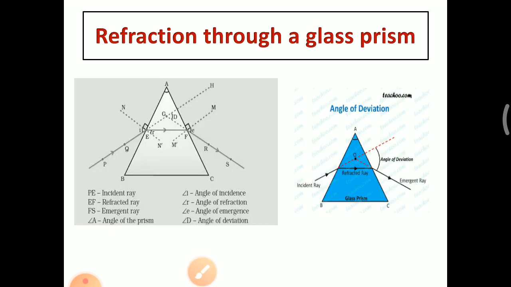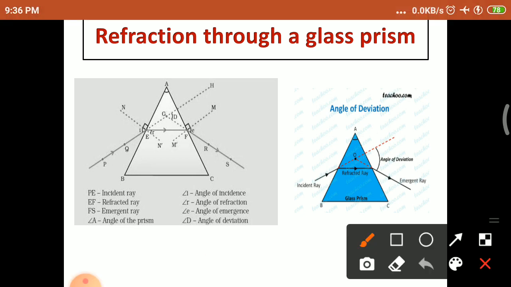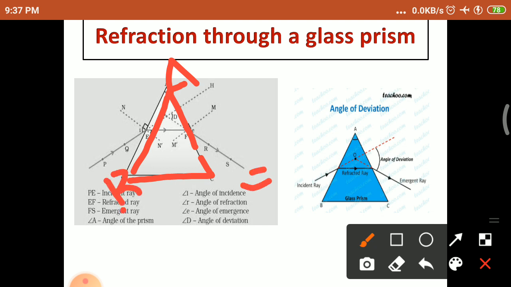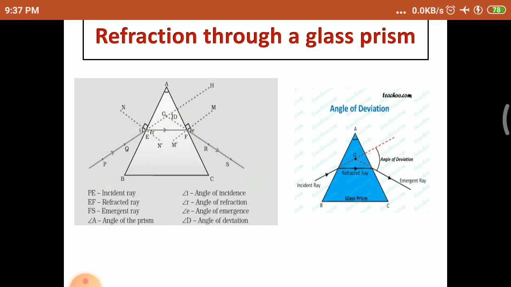The next one, refraction through a glass prism. So look at this diagram. In refraction through a glass prism, first you have to draw a triangular shape and give the names A, B and C, then write glass prism here.